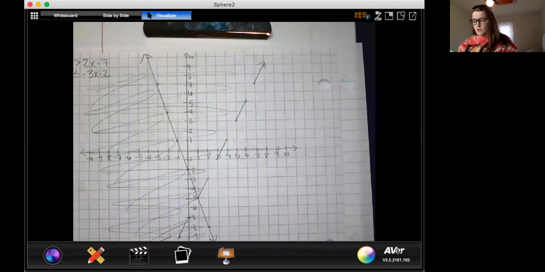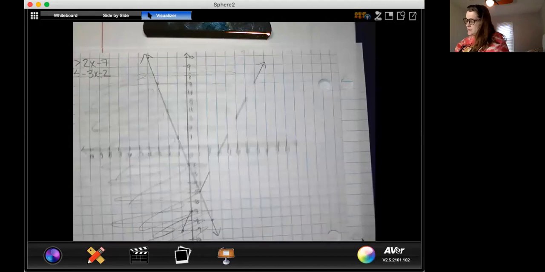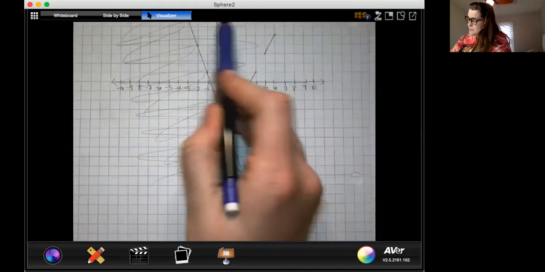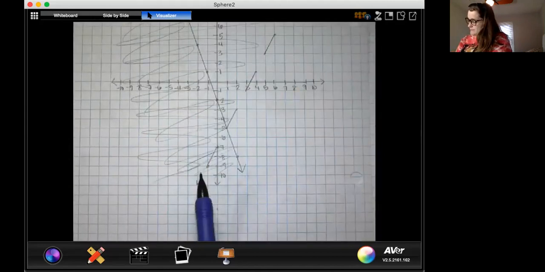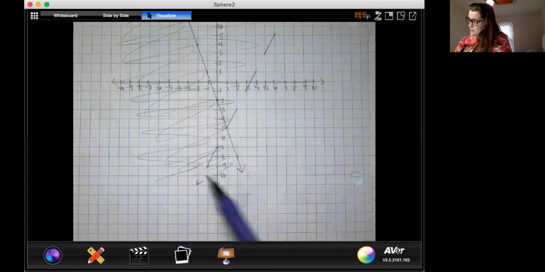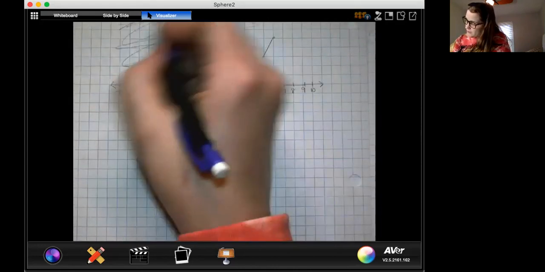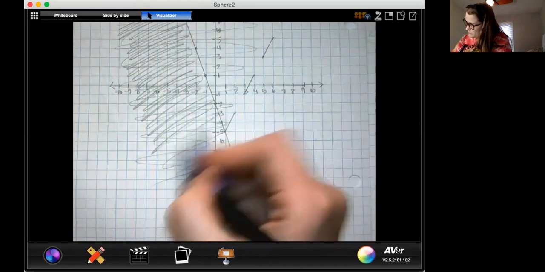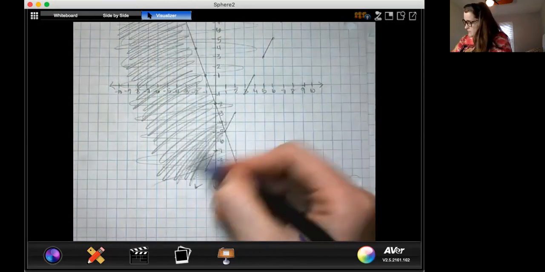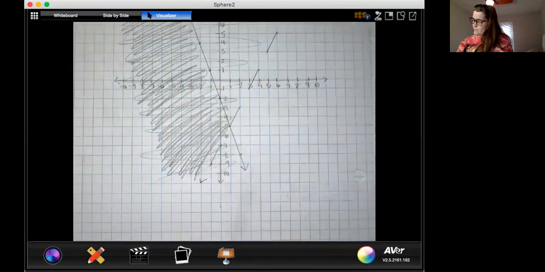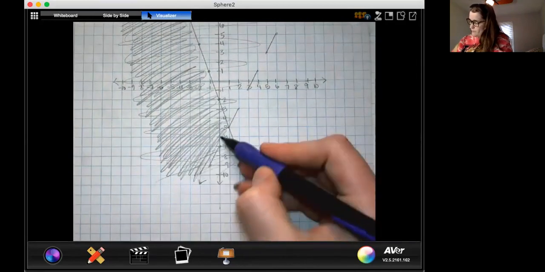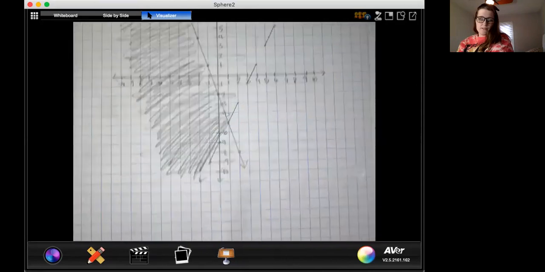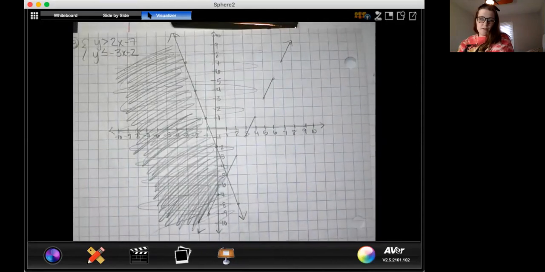So therefore, the double shading, so the shading was here originally, and then it became here. So the double shading is this left portion all the way down to here. Okay, so that is the correct answer right there.